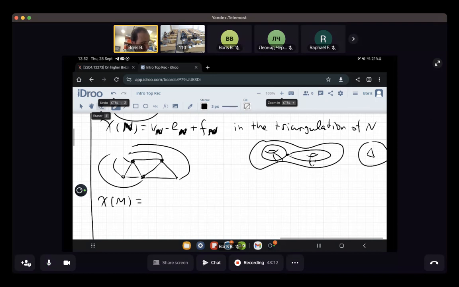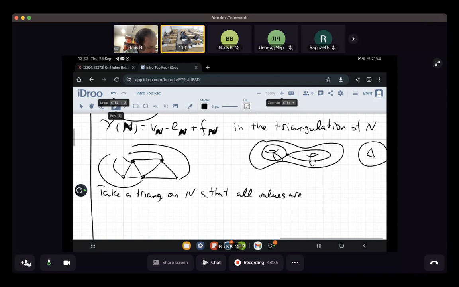So take a triangulation on N such that all critical values are vertices.